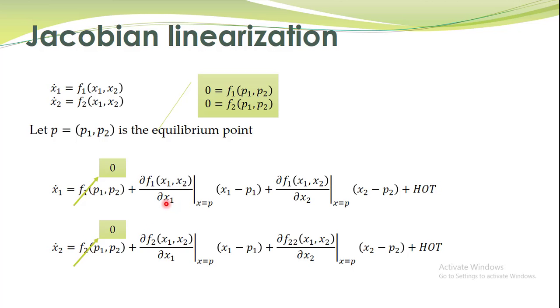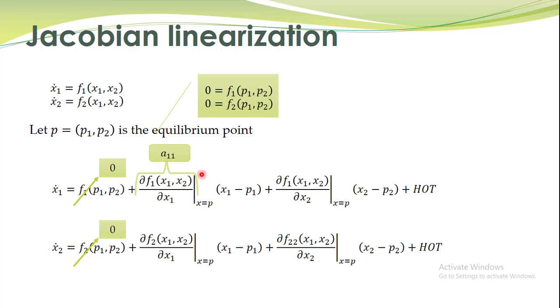Furthermore, this partial derivative of f1 with respect to x1 will be another nonlinear function of x1 and x2. However, when x1 and x2 are substituted by these constant values, that is the equilibrium point, this will be a constant, right?